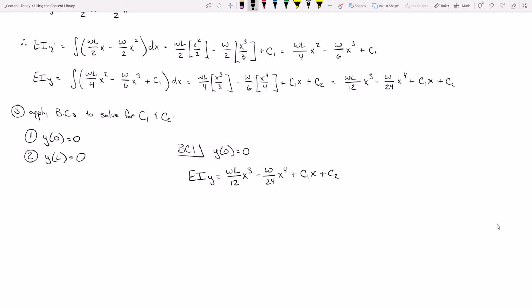We plug in x equals 0 and y equals 0 and solve. So EI times 0 equals WL over 12 times 0 to the third, minus W over 24, 0 to the 4th, plus C1 times 0, plus C2, just C2.